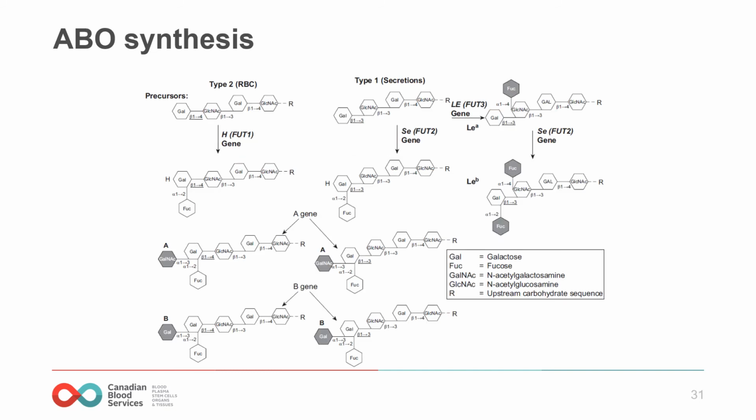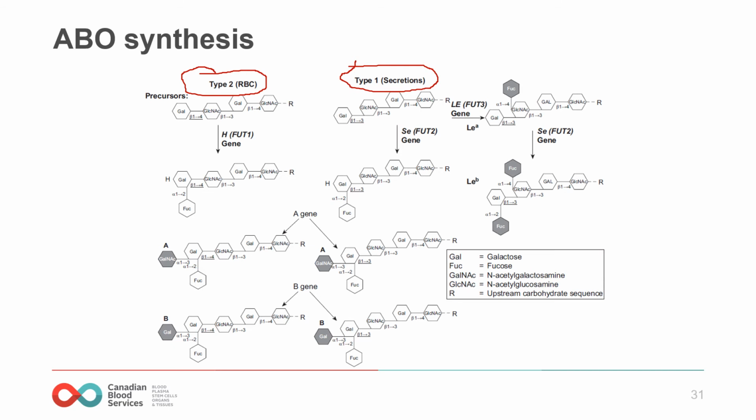So I know this figure is a lot to take in, so we're going to take it step by step. So when we're talking about ABO synthesis, there are basic building blocks that happen before any A, B, or H, the O blood group, are even built. So in this particular case, for type 2 sugars, which are built on red cells, versus type 1 sugars, which are built on secretions, so things in our plasma, in our saliva, we have precursors.